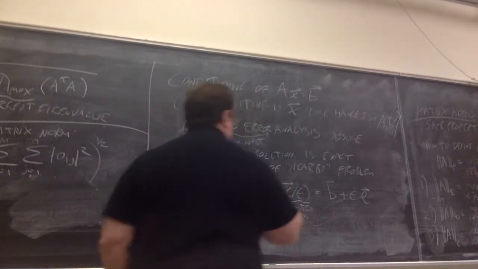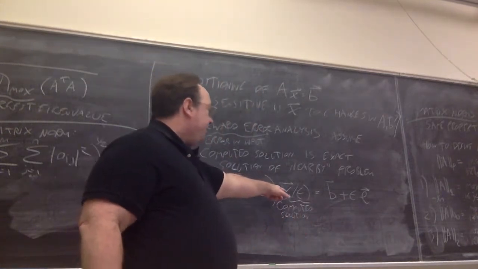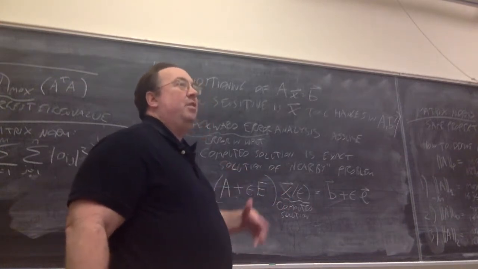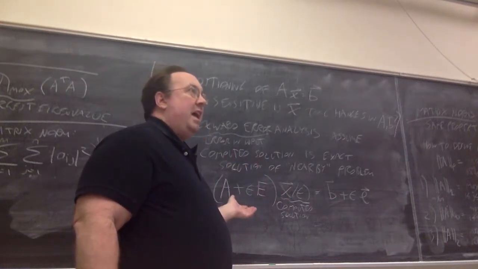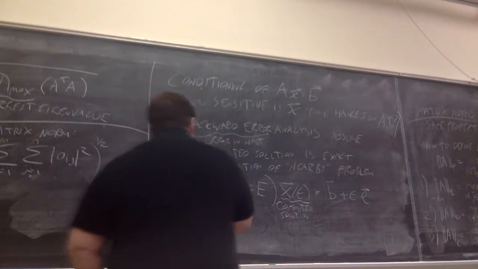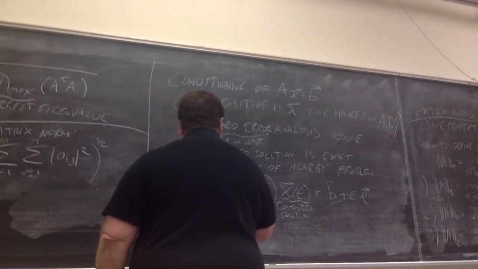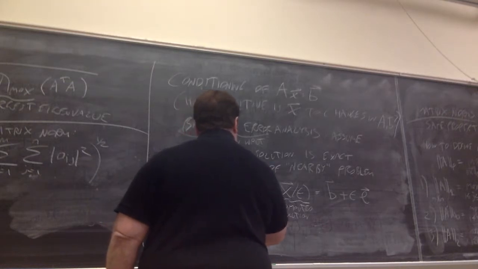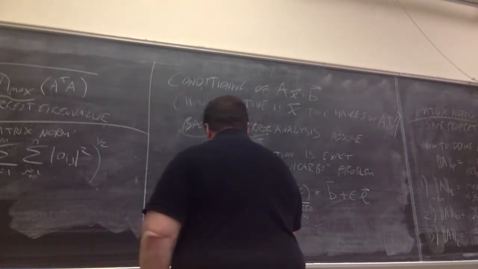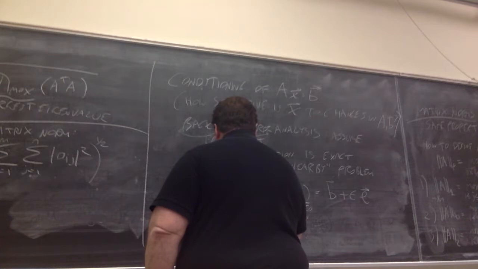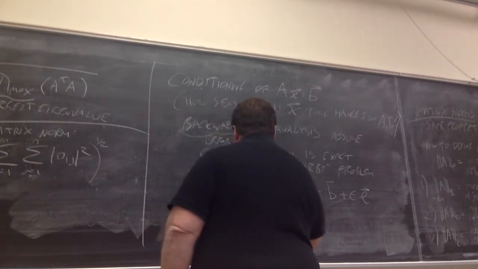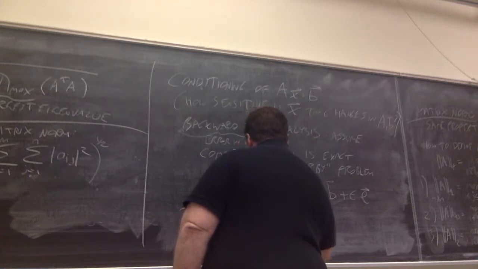so we want to get a handle on how much this computed solution can differ from the exact solution, X. So I'm going to use Taylor expansion. It says that X of epsilon is equal to X of 0, which is the exact solution.